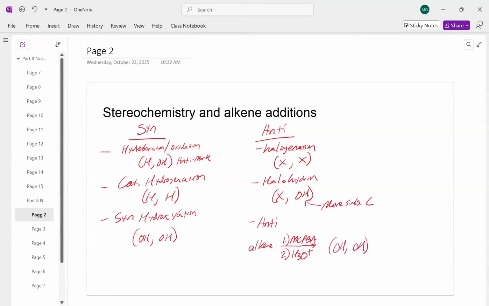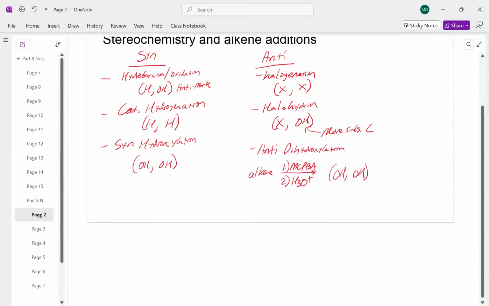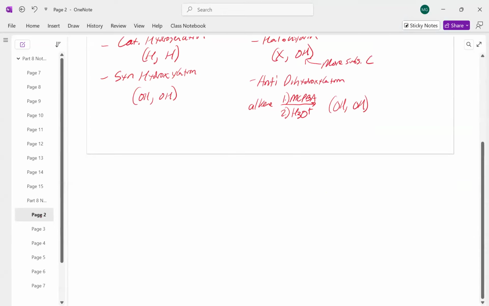Actually, I should say anti-dihydroxylation. So OH would add to both sides, they would just be in opposite directions. And these are the ones that are going to be most complicated. A lot of times we have to look really hard at our product before we can identify what the stereoisomer should look like. So let's start off easy and get a little bit more complex.